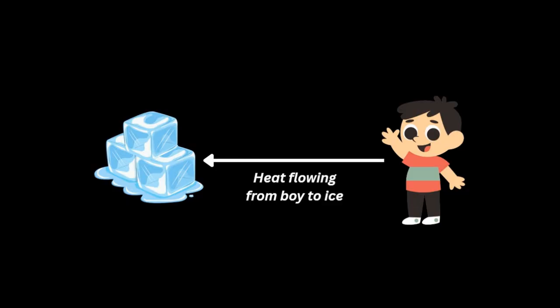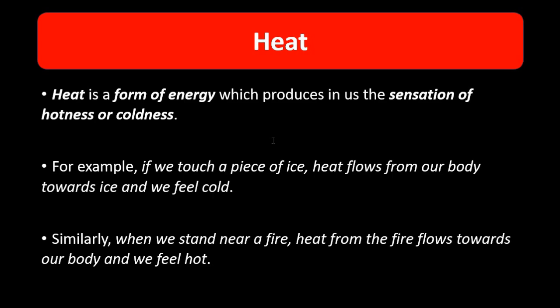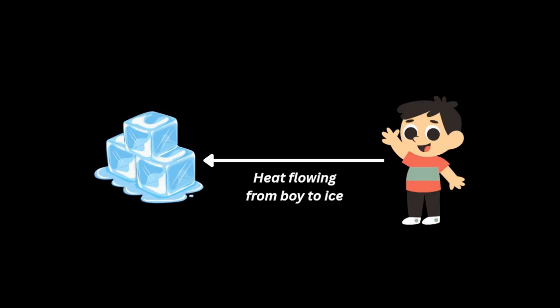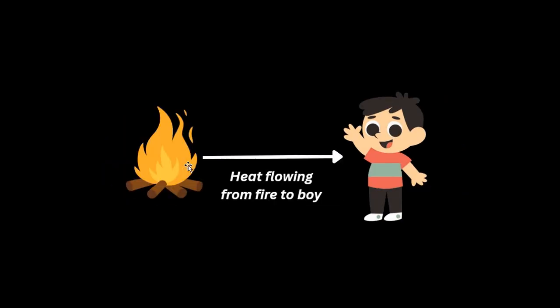So the main thing that determines the direction of flow of heat is temperature. We'll discuss that in this video later on, but for now you understand that heat always flows from a body which is at a higher temperature to a body at a lower temperature.